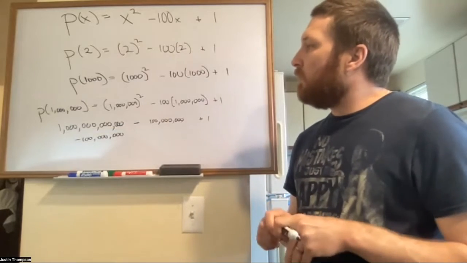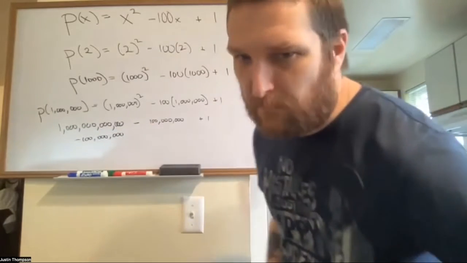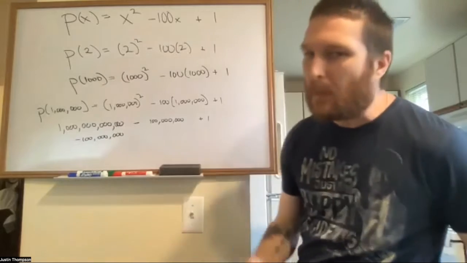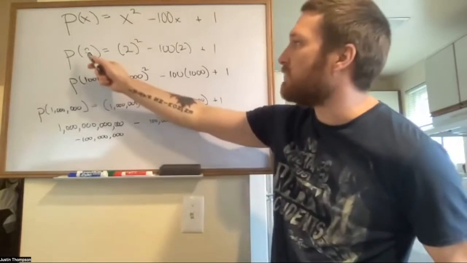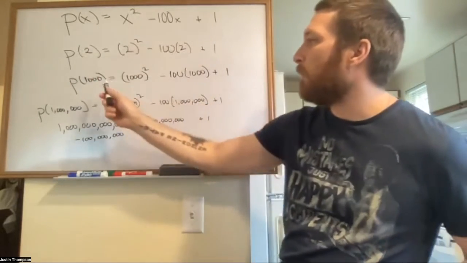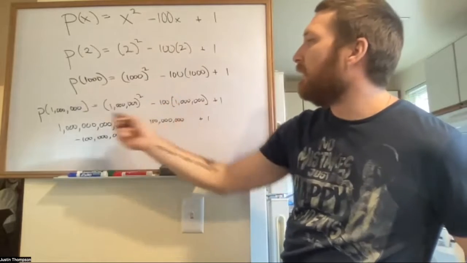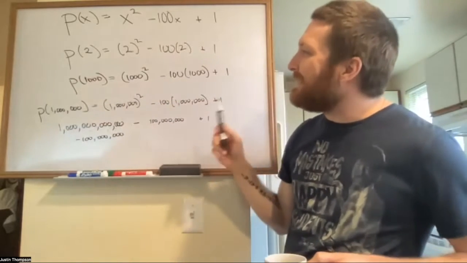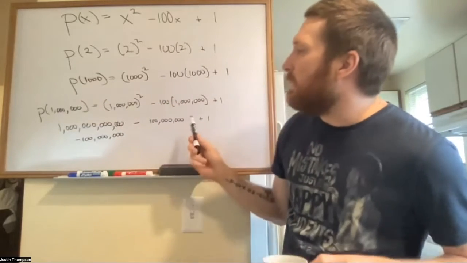Okay, so I didn't bother to plug in negative numbers. We could have done the same thing with negative numbers. I could have started with a -2 here, negative 1,000 here, negative 1,000,000, and the conclusion is going to be the same.